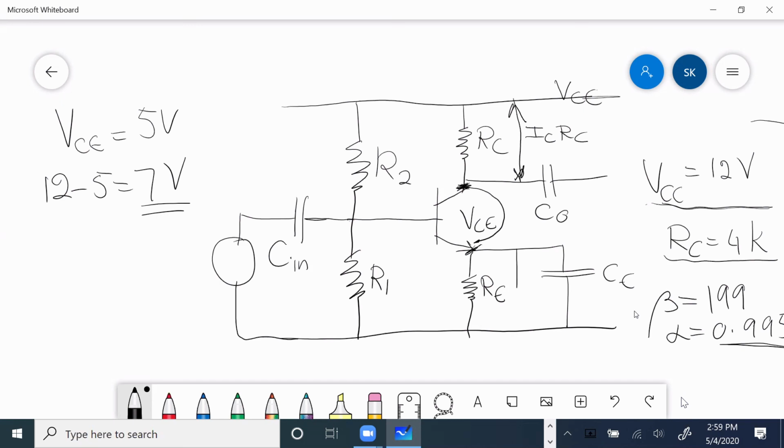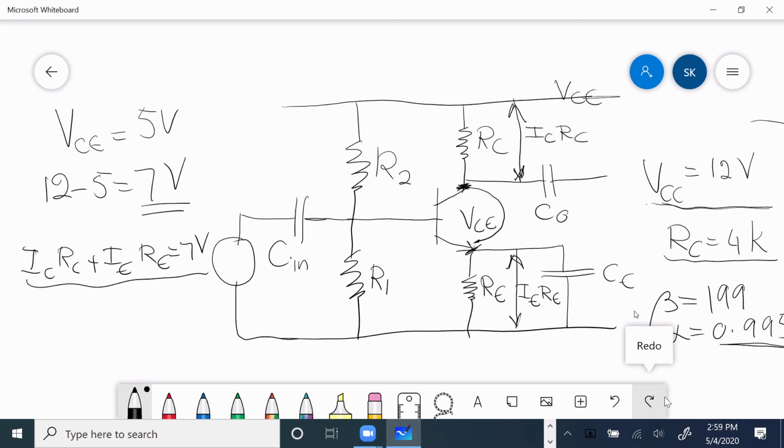And the total of these two is IE RE. So I can say IC RC plus IE RE is 7 volt. That I can say.